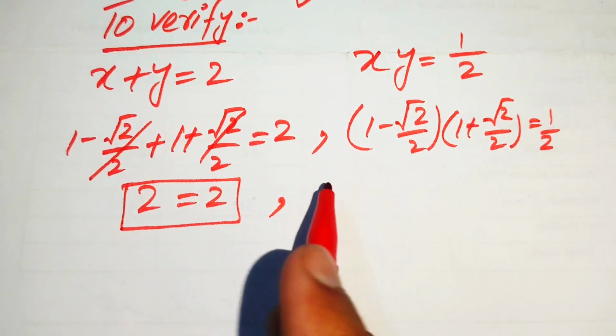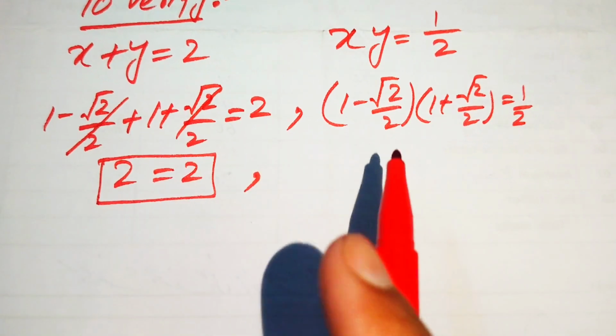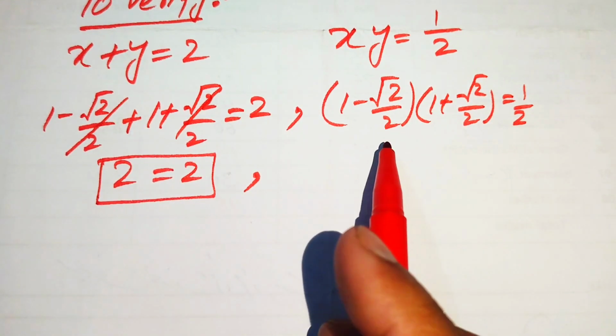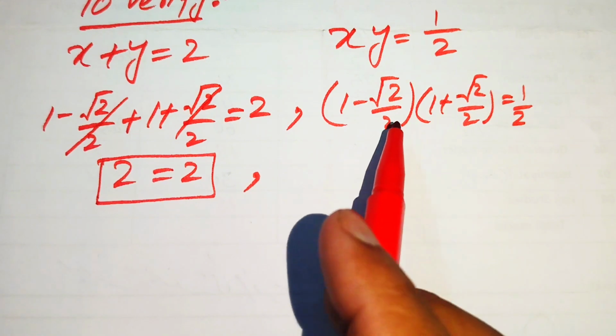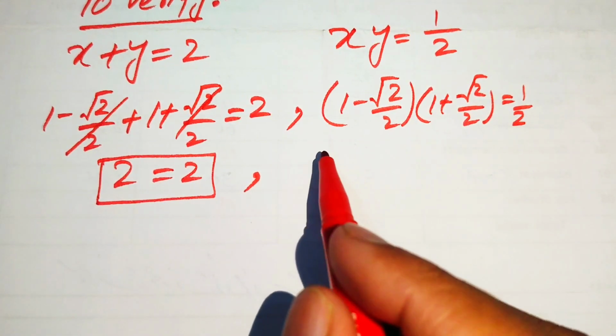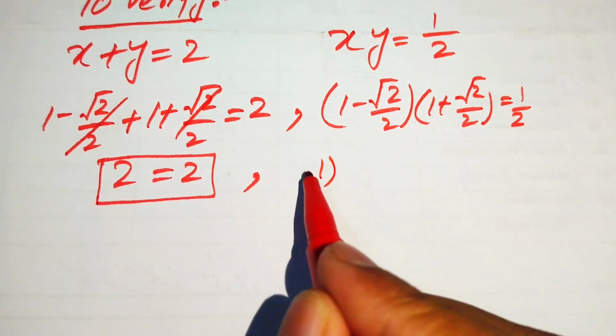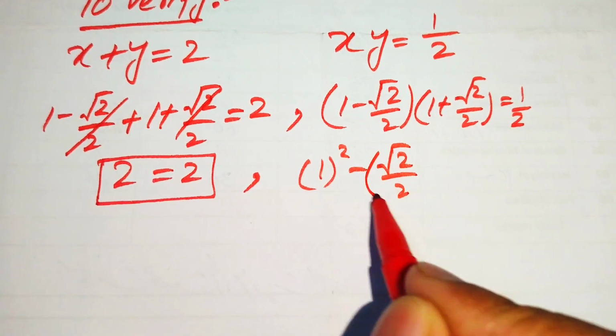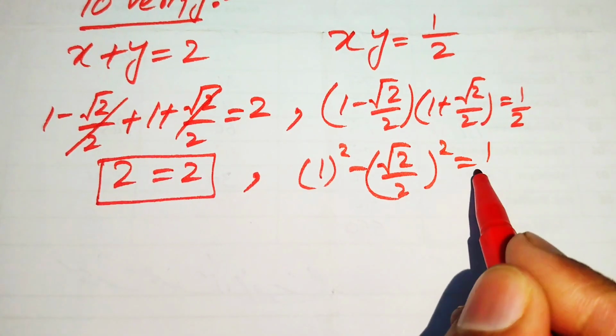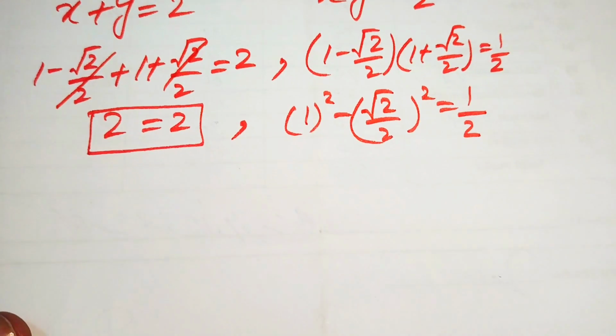And now we move towards the second equation. Here you see that we have 1 minus square root of 2 over 2 times 1 plus square root of 2 over 2. Here you can use the (a minus b) into (a plus b) identity, and we know that it equals 1 square minus (square root of 2 over 2) whole square equals 1 over 2.